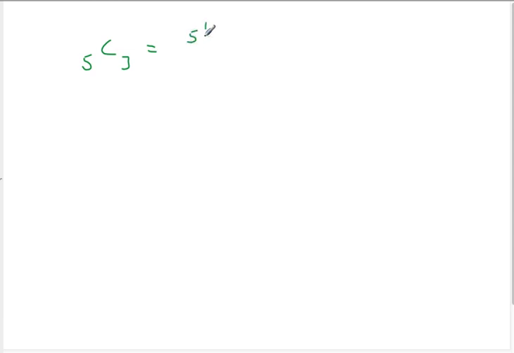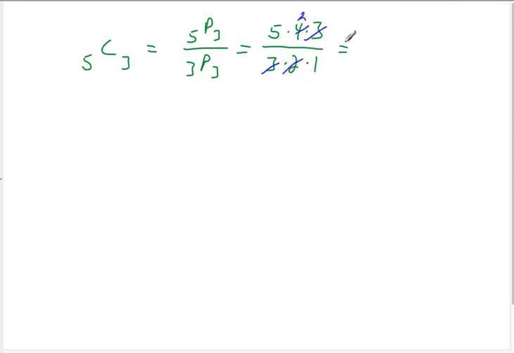We would say 5P3 on top and 3P3 on the bottom, and that would look like 5 times 4 times 3 over 3 times 2 times 1. Again, we want to do our reduction first, and we realize that our answer is 10.